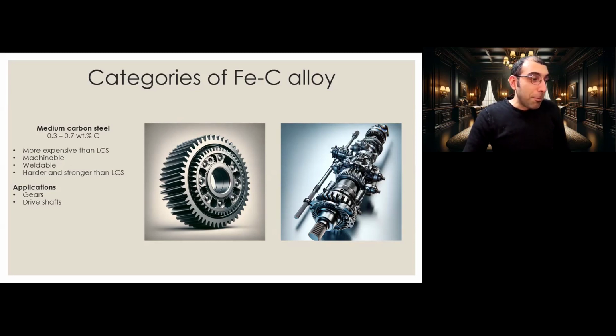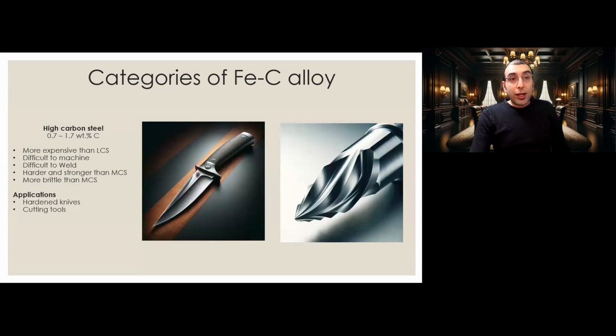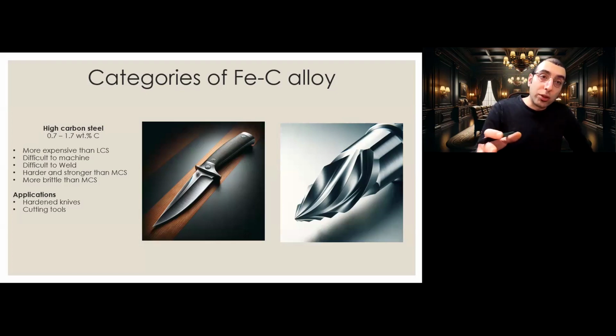And the other category is high carbon steel, of course, which goes from 0.7 to 1.7 weight percent of carbon. This kind of high carbon steel is extremely hard and extremely brittle, and it is really difficult to machine and difficult to weld.